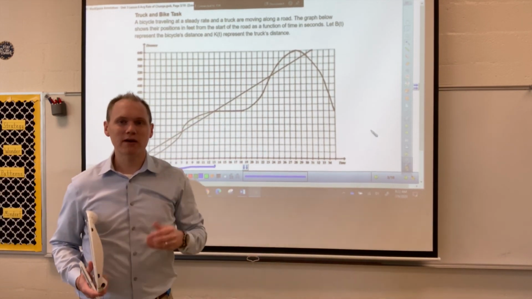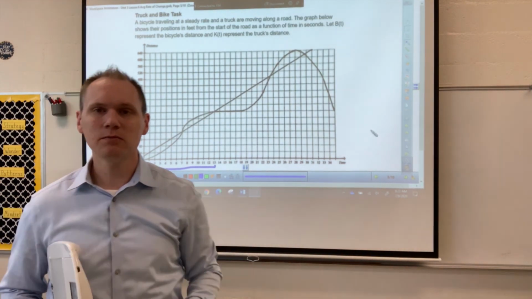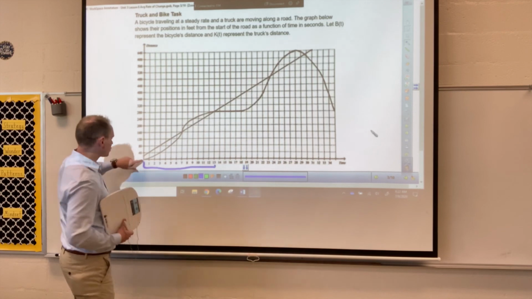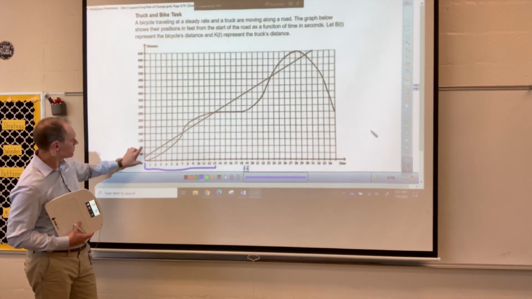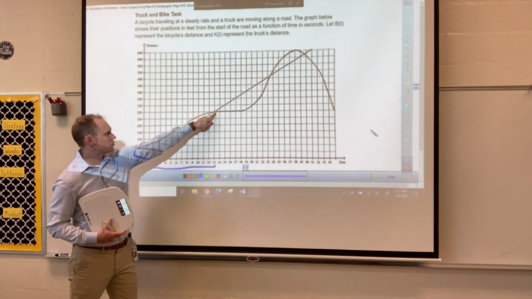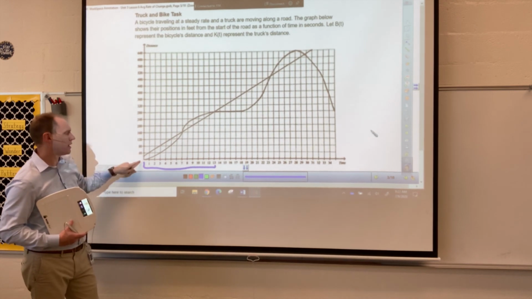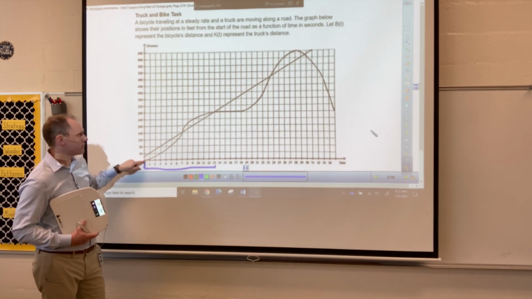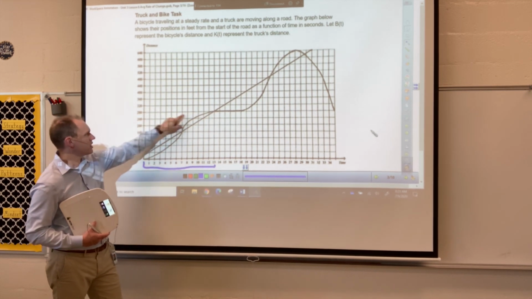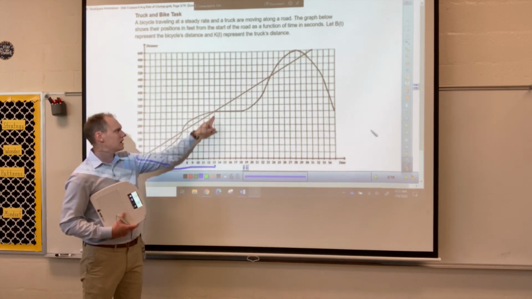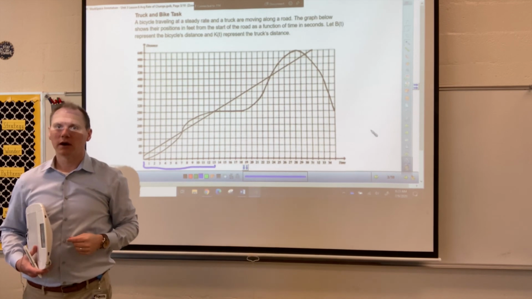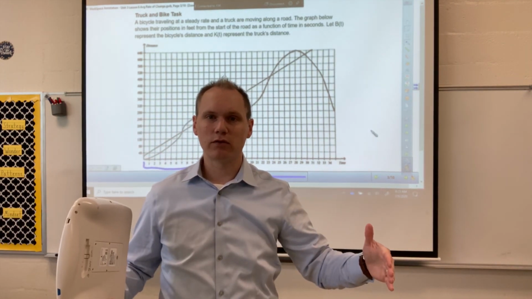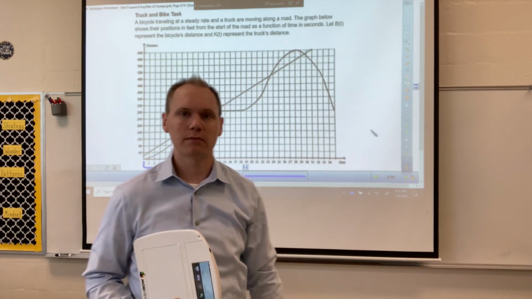So did they travel the same distance over the same amount of time? They did not. Because the truck actually had to travel further to get to 280 feet than the bike did. So the truck actually had a greater average rate of change between 0 and 13 seconds because of that. All right? So average rate of change in this case is distance traveled over the change in time.